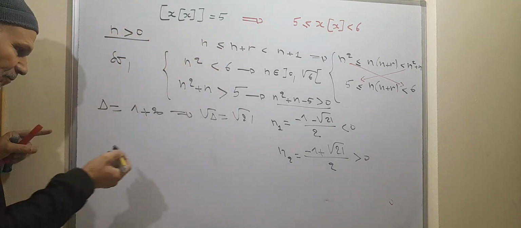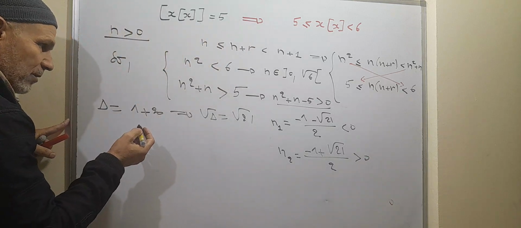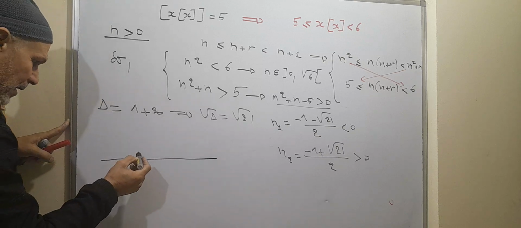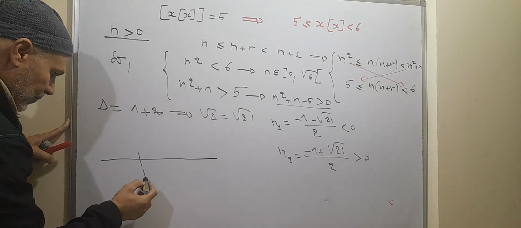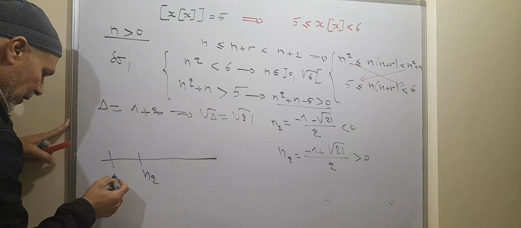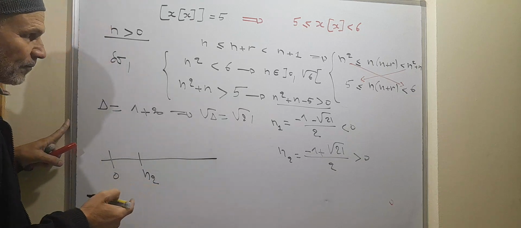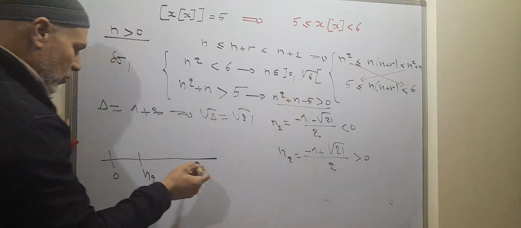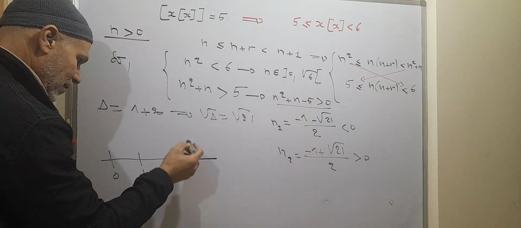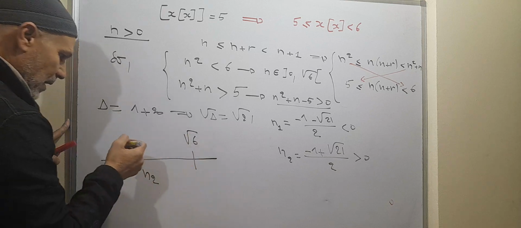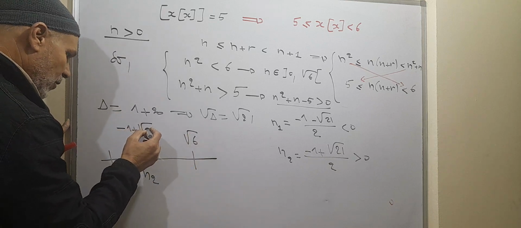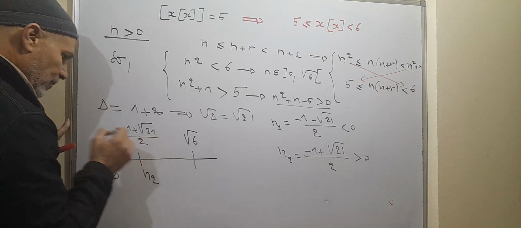So the solutions, you can find them here: we have 0, the square root of 6, and here (minus 1 plus the square root of 21) over 2.